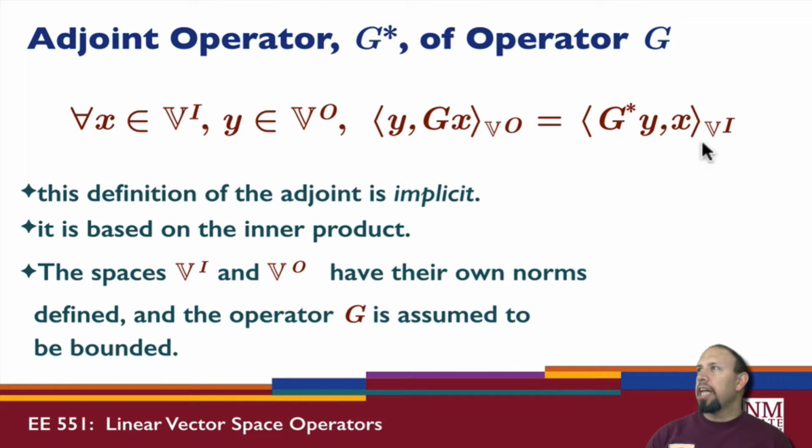So again, here's the definition for the adjoint operator. This definition is implicit, based on the inner product. The input and output spaces have their own norms defined. The operator G is assumed to be bounded. Here, I'm talking about general operators.